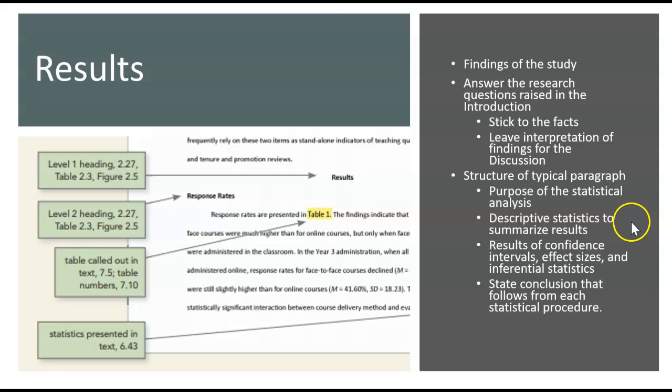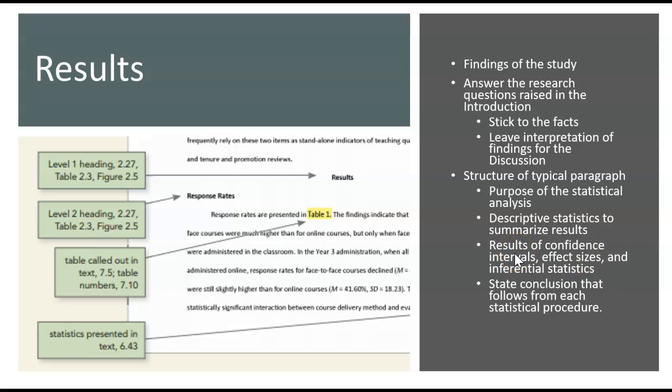You are expected to present any relevant descriptive statistics and give a verbal description of the pattern of those descriptives. For example, if you're doing a t-test to compare means, you present the mean and the standard deviation for each group and describe verbally which group appears to have the higher mean, and then you present the actual t-test results.